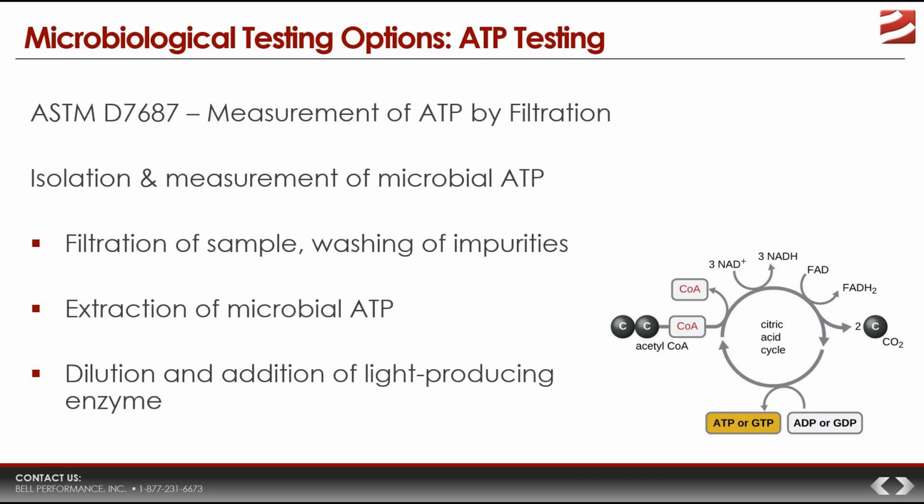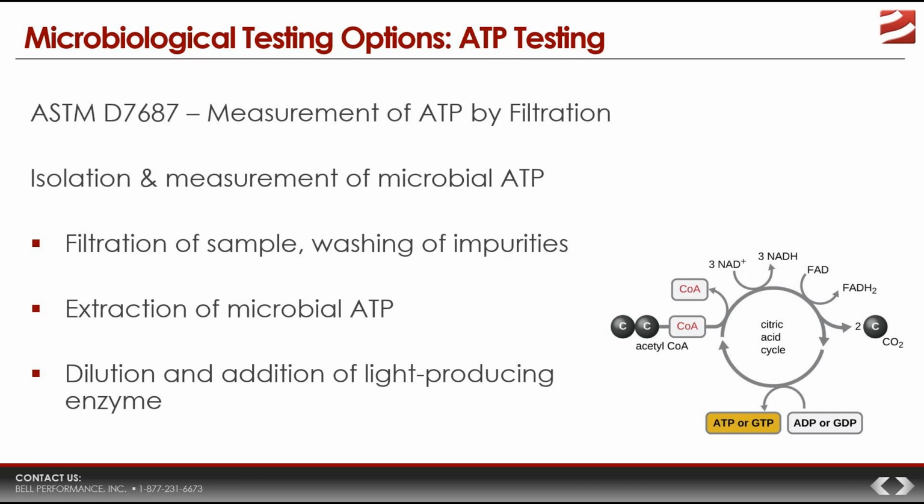So you take the sample and you put it into this special machine called a luminometer, and the luminometer measures the light glow and gives you a fairly accurate measurement of not just whether you have low, medium, or high, but the actual number of living microbial cells in the original sample.